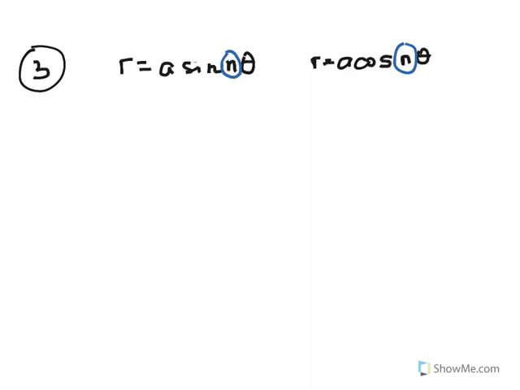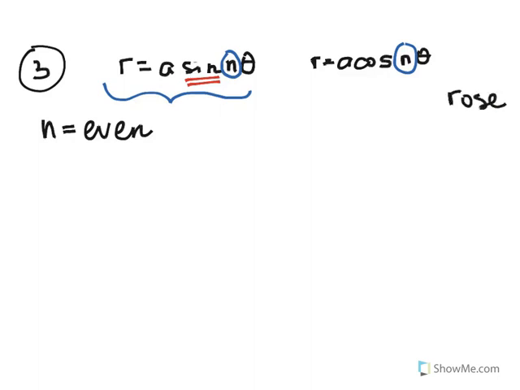If n is an even integer, and you're dealing with r equals a sine of n times theta. Now let me write it down. If n is even, then we call it the rose petals graphs, okay?